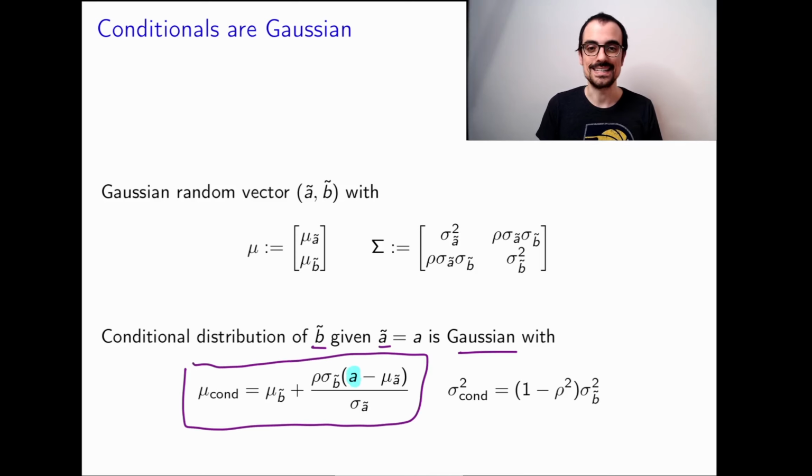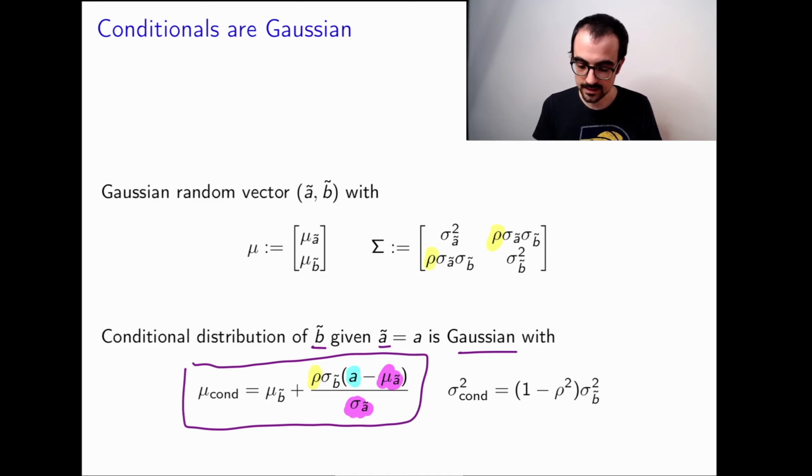The important thing to realize here is that this is an affine function of A, and that affine function of A is exactly the same as we derived, where we standardize by subtracting the mean and dividing by the standard deviation of A, and then first we multiply by the correlation coefficient. So this is another way to prove that this rho here corresponds to the correlation coefficient between A and B if you parameterize the covariance matrix in this way.